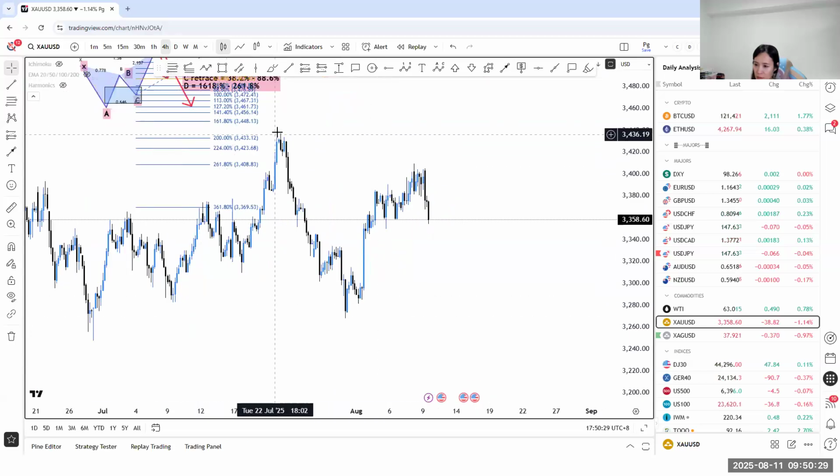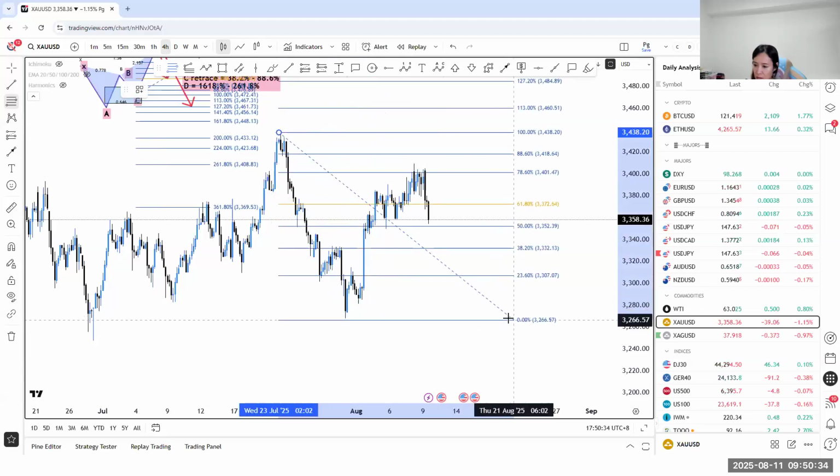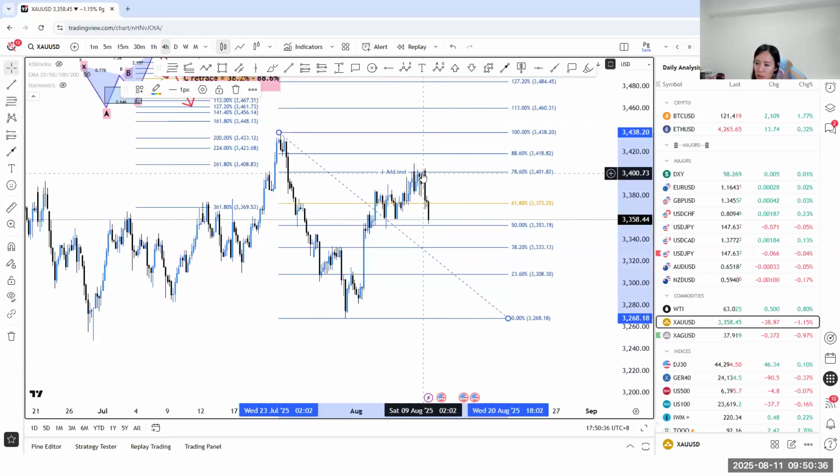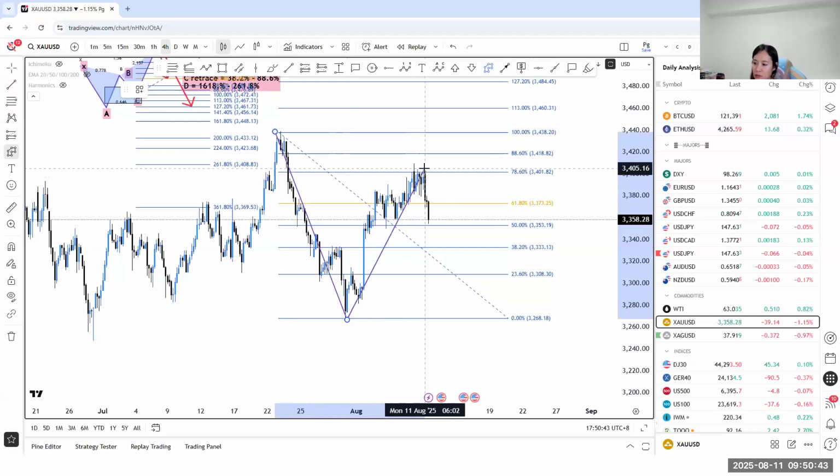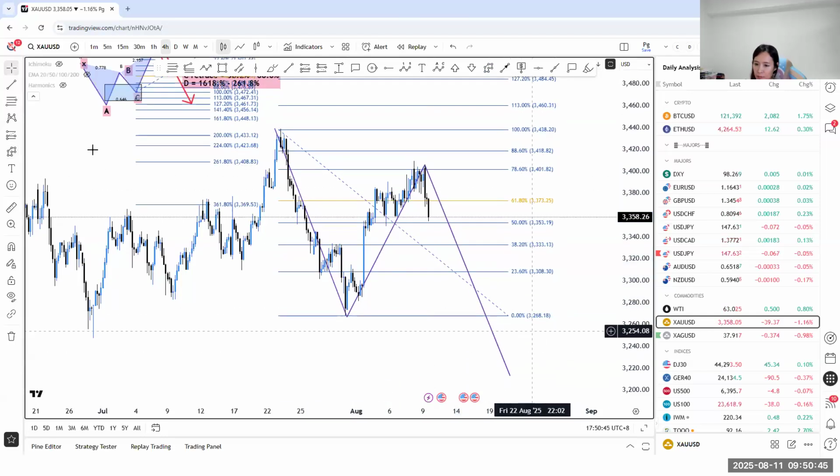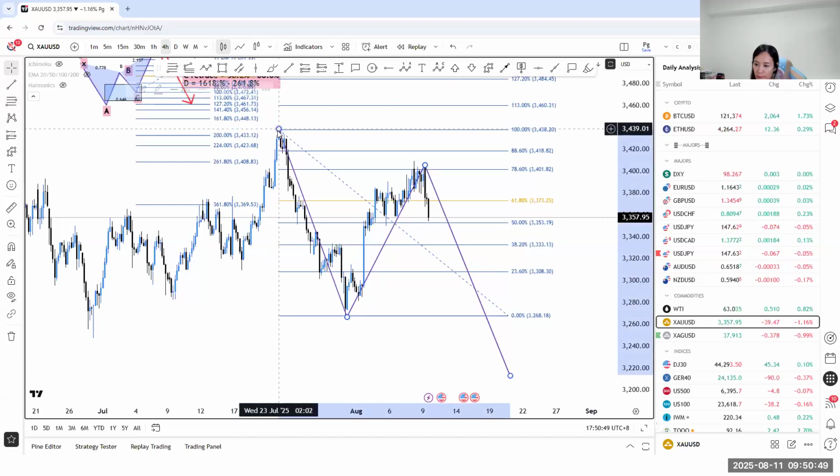Let me see XAB. Let's say this B retraced 78.6%. So if I just want to trade with AB equal to CD, it's going to be something like that.